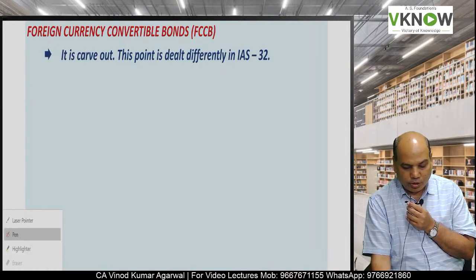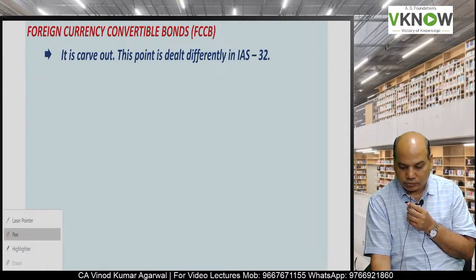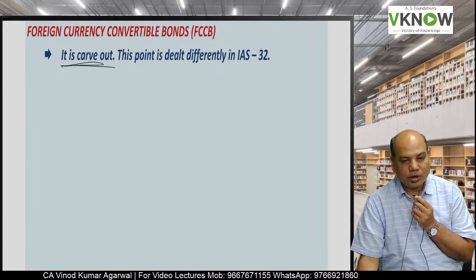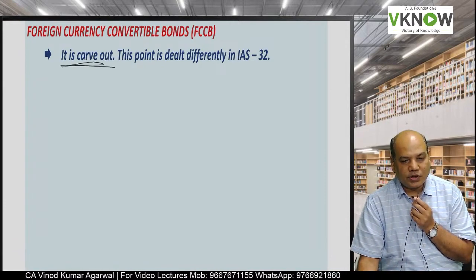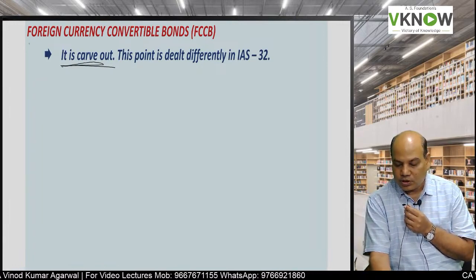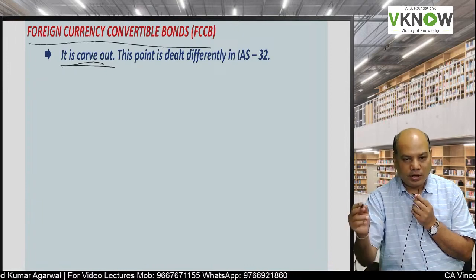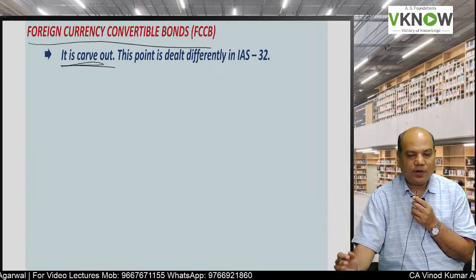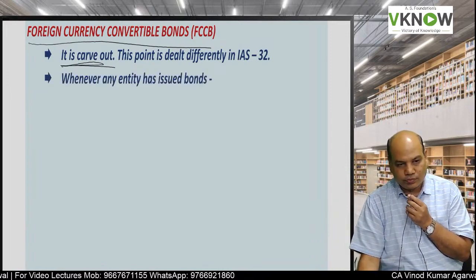So now an important discussion is FCCB. It is a carve out. A carve out means a major difference between Ind AS and IFRS. So FCCBs are treated differently in our standard Ind AS 32 and the IFRS standard IAS 32.